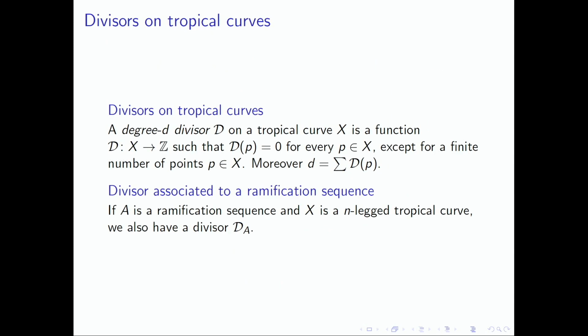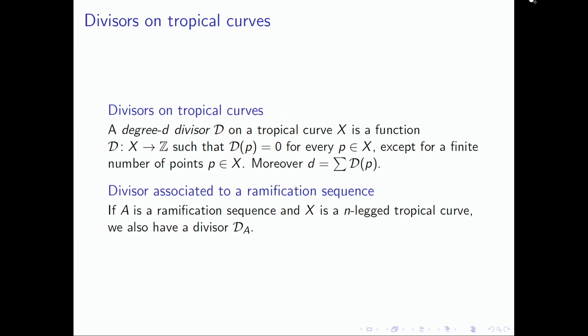And from the tropical side of the story, I have also the notion of divisor. It is simply, as for a graph, a function from the tropical curve to Z, except that I impose the condition that only for a finite number of points this should be non-zero.